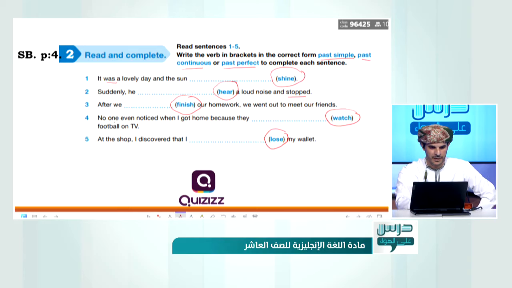Number 3, after we finished or had finished or was finishing, do we say was finishing? Oh, that's the song. Our homework, we went out to meet our friends. No one even noticed when I got home because they, what were they doing when I got home? They, plural, they.